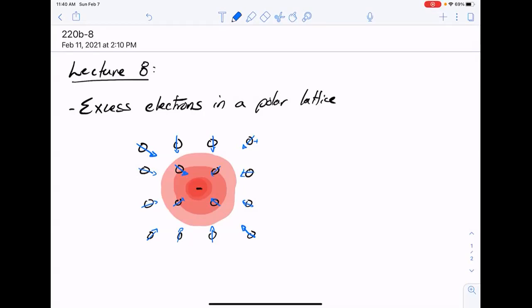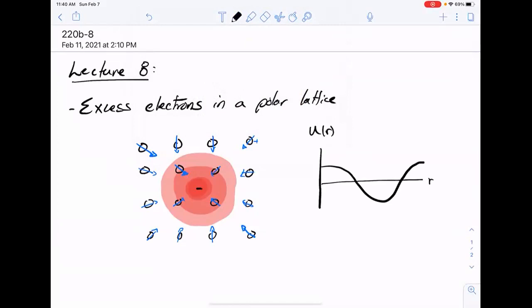The localization of an electron, however, could be generated by the dynamic disorder that is accompanying this polarization field. So when an initially delocalized electron couples to the surrounding lattice, in polarizing, it would generate a potential minima that might trap that electron.